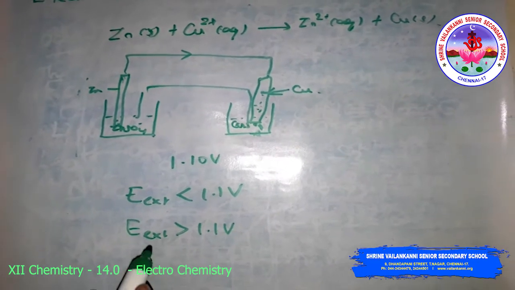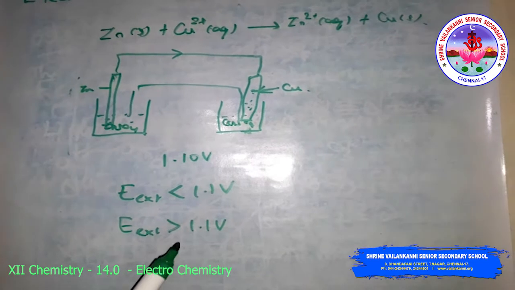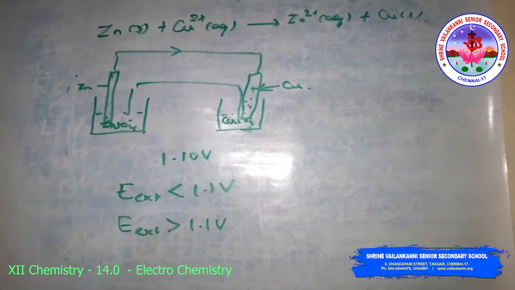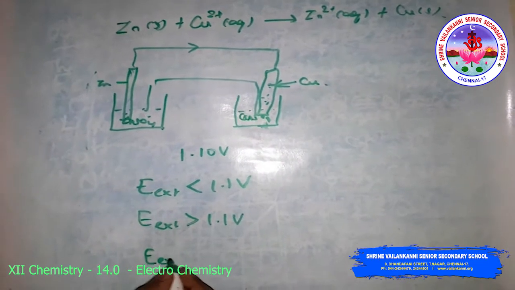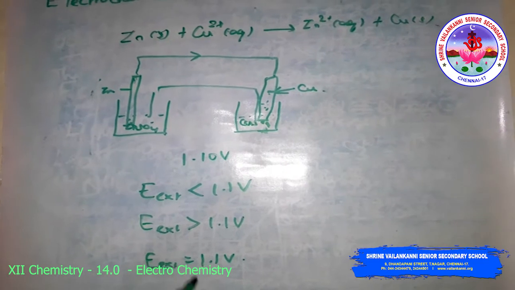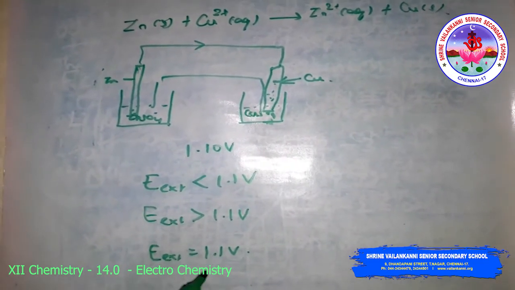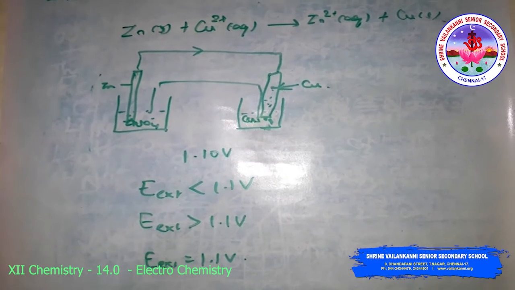So zinc is deposited at the zinc electrode and copper is dissolved at the copper electrode. When E external is equal to 1.1 volt, there is no flow of electrons or current, and similarly no chemical reaction occurs. Okay, this is the basic thing.